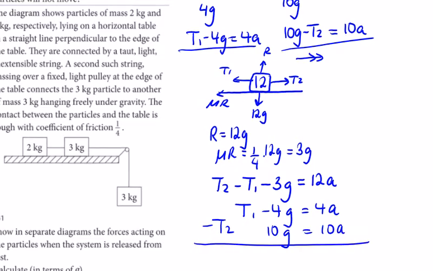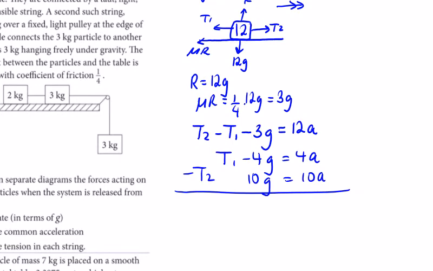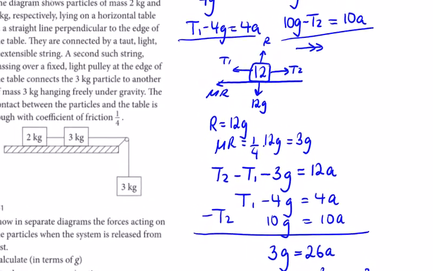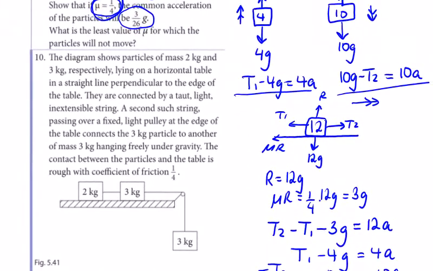Combining all three equations, we're going to get 10 minus 7, which is 3g, is equal to 16 and 10, 26a. So a is 3g over 26 meters per second squared. And then you go back up and you go, hopefully, that's what they asked us to show, 3 over 26 times g, which I like writing as 3g over 26, but they're the same thing.